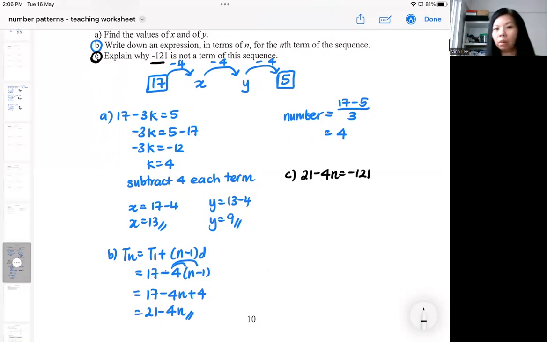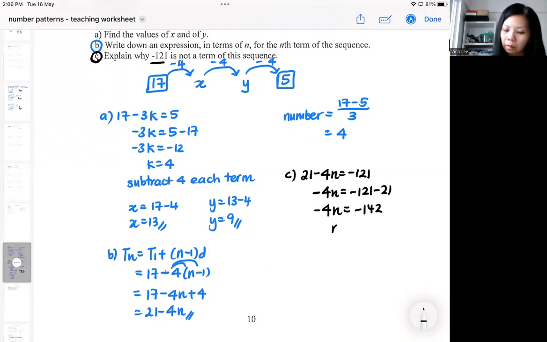I'm going to let the whole formula equal to minus 121. So I'm going to subtract 21 on both sides. I'm going to divide by minus 4 on both sides. When I try to divide by minus 4, I actually get n to be a fraction.